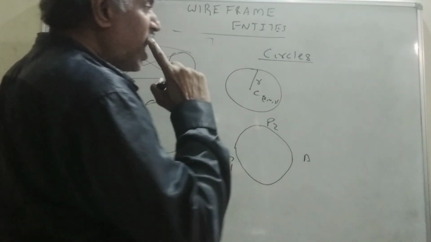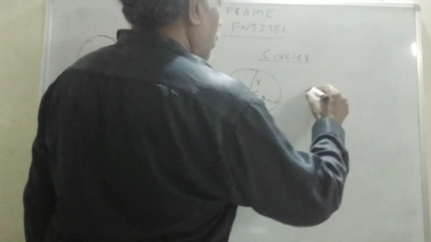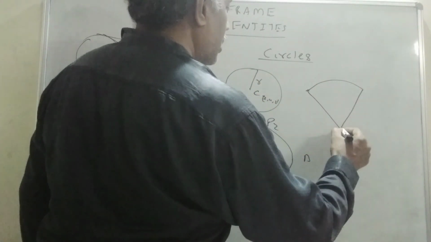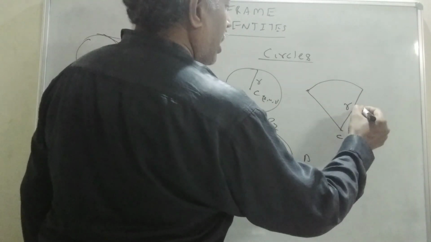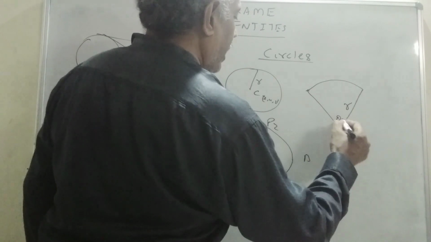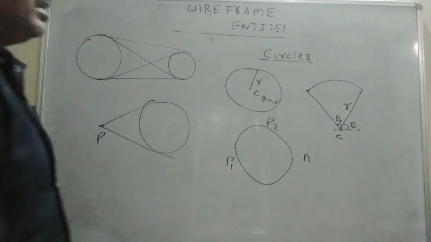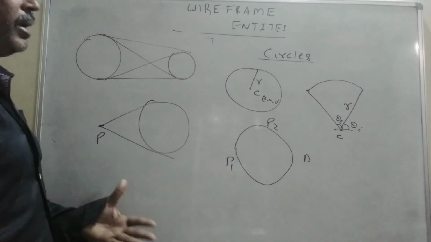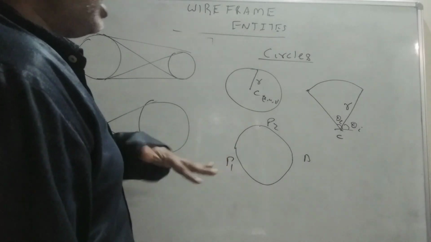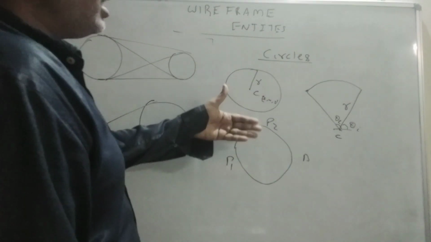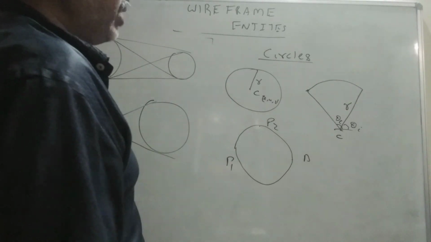And also arcs: center and radius, and beginning angle theta O and end angle theta E. This is another way of giving input data to generate circles by implementing algorithms. That means the algorithms you are trying to write will be implemented based upon the input data which you give.